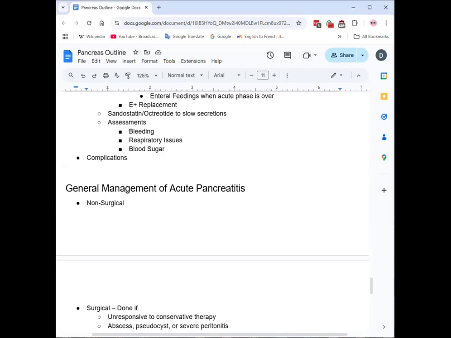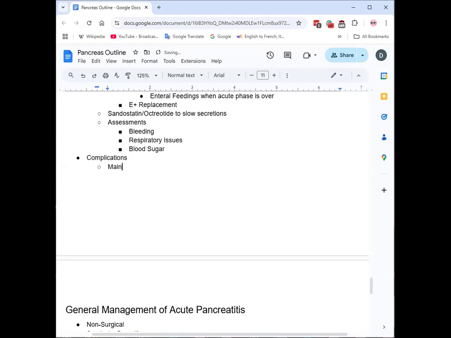Yeah, so complications, we've talked about it a lot, so I'll start filling stuff out. You talked about malnutrition. When you're malnourished, you get low albumin, and low albumin is going to lead to potential third spacing if it gets really bad.